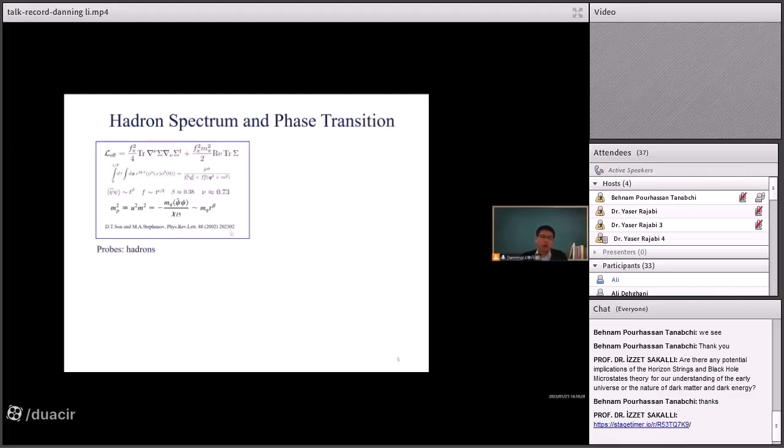Actually, in this work, scientists used finite temperature perturbation theory, and by analyzing the critical scaling behavior of the operators, they found that the pole mass of the Goldstone bosons, the pions, scales with temperature in this form, where the scaling variable is (Tc minus T) over Tc.